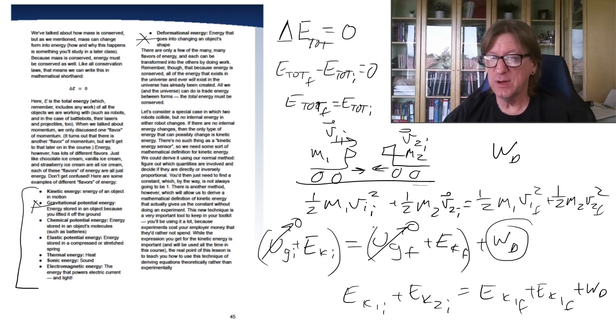If I know their initial and final velocities, I can actually figure out how much work went into deforming the robots in that case. But think about it. This is related to the mass and velocity that they had initially. Their mass might not have changed, but because their velocity changed, it might turn out that this total is less than you would expect it to be. And the reason for that is some of the energy went into deforming the robots.